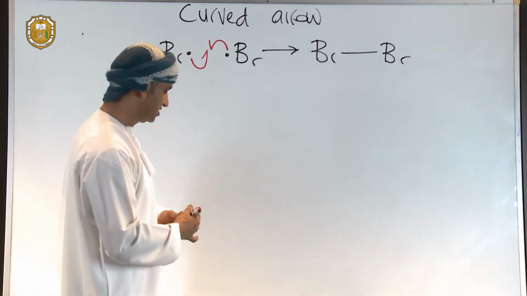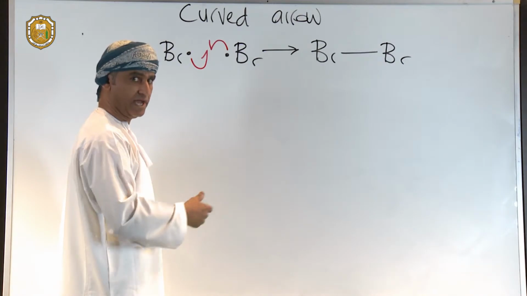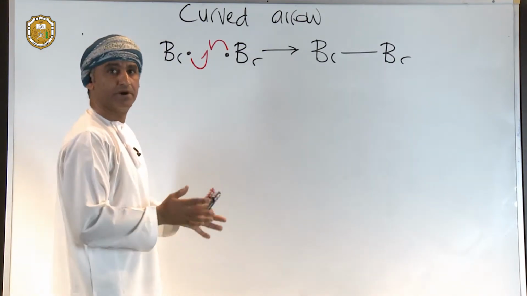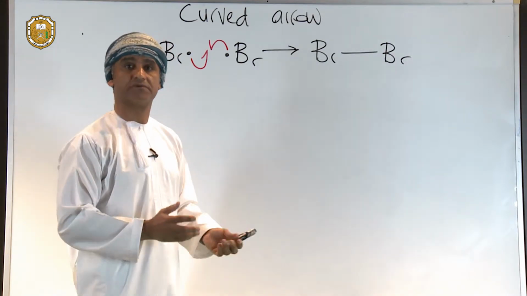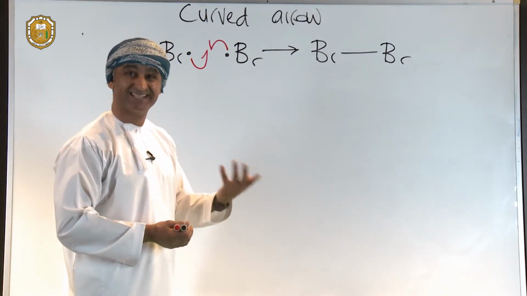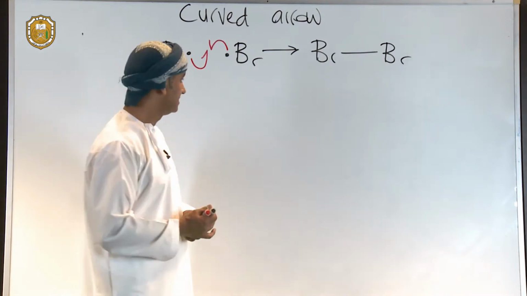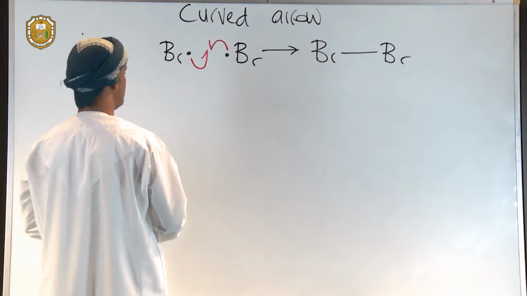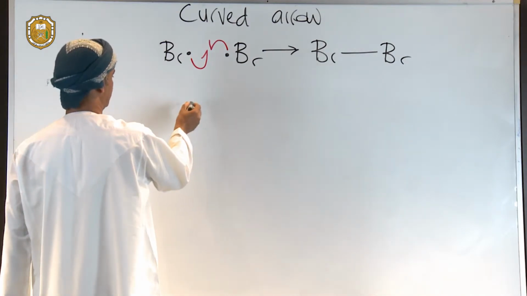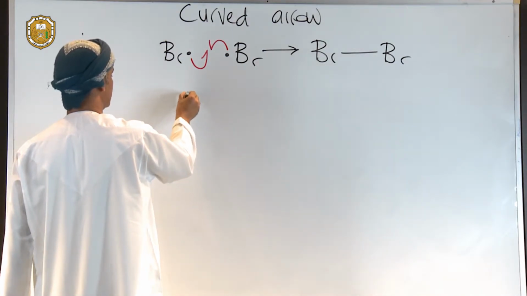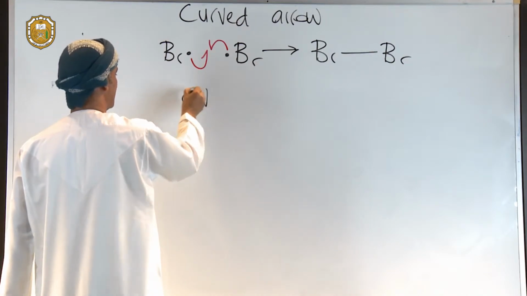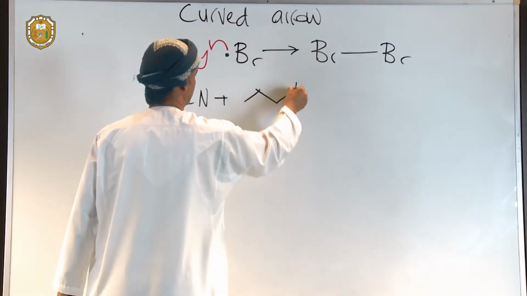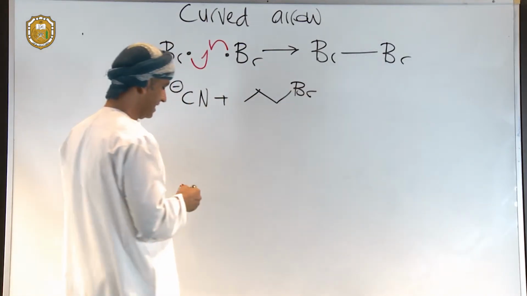bond formation reaction. Let's now take examples of polar reactions, again trying to learn more about the use of curly arrows or curved arrows, trying to acquire this skill of using these arrows to indicate electron movement. Let's take, for example, a reaction between the cyanide ion and this alkyl halide.